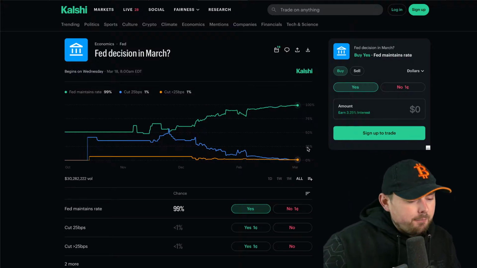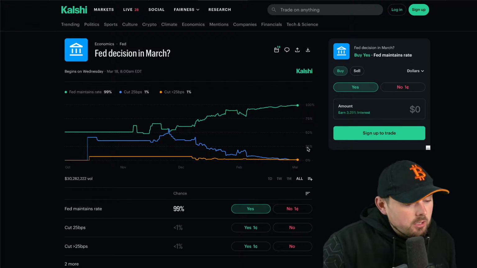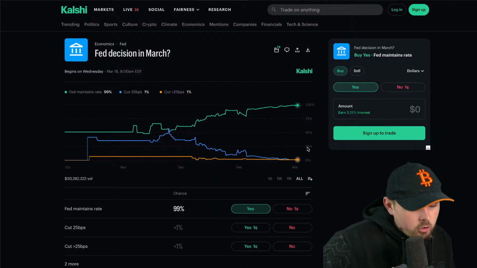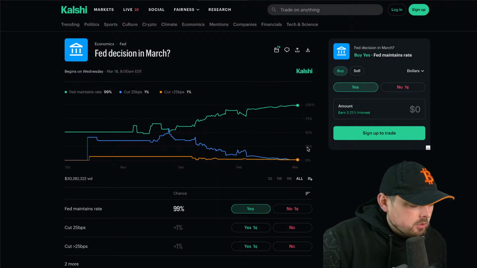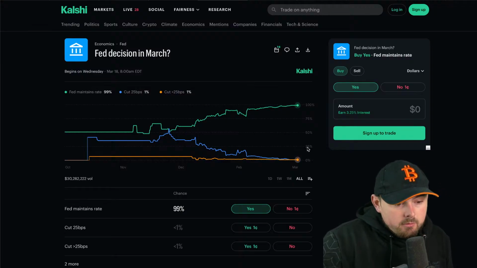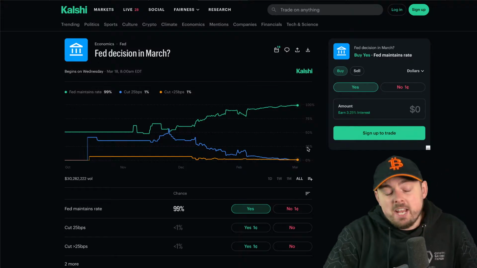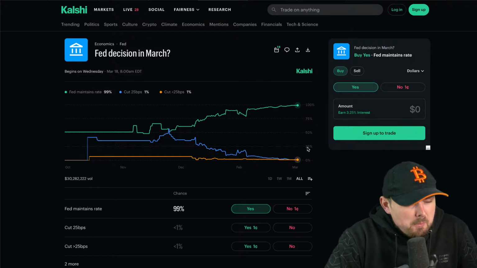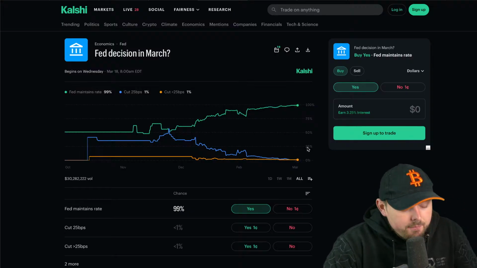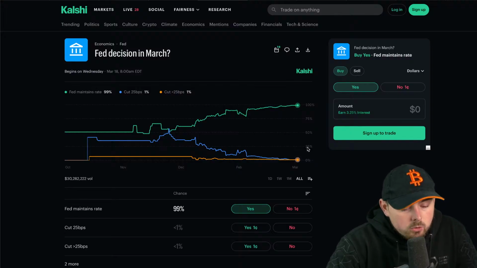Because what is the Fed seeing? And what is the Fed scared of, to cut when it's so heavily expected that the Fed's going to remain on current rates? The Fed would be cutting potentially out of fear and out of concern more than anything. I think initially we'd pump because everyone would be euphoric, thinking it's the most bullish thing that's happened this year, the Fed cutting when it's meant to be 99% odds on that they're going to hold current rates.